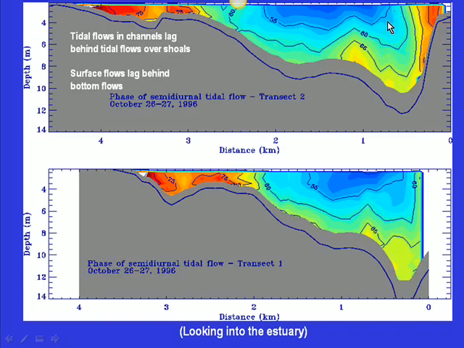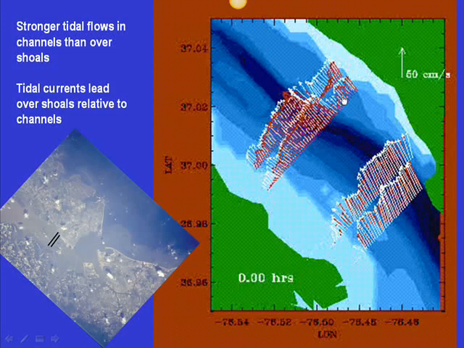So that's around 50 minutes of phase lag between the channel and this shallow part. That's quite a bit. And that's why near slack waters you have strong convergences here. You have foam lines that develop at the edge of the channels because flows are going in opposite directions, and then you tend to have convergence and divergence.